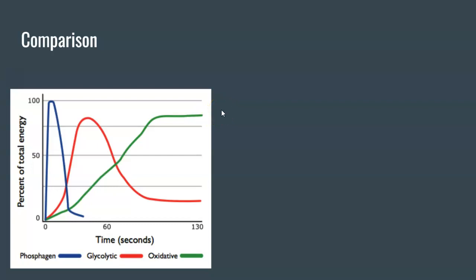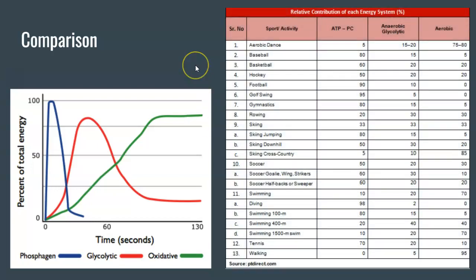And then this next chart has a lot of information, but I think it's kind of cool, especially if you're into sports and athletics and you want to know which energy system your sport uses the most. It is a little bit overwhelming, but there's a lot here. So pick a sport, any sport, and you can see which energy system that athlete uses the most. Let's take basketball.